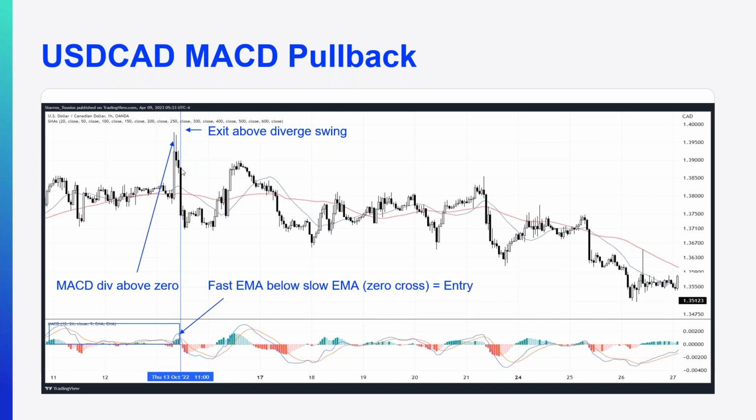This is our entry. So in our case, this is the entry, okay? Because we see the divergence on the daily, we'll confirm the divergence on the 1 hour. When we get the cross, this is the entry, okay? The exit, as I said before, the divergence swing, it should be above that high, okay? And this is the divergence swing. Above that high should be our stop loss, and this is a short position, of course.